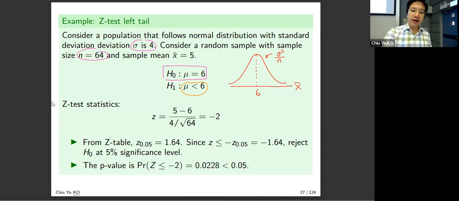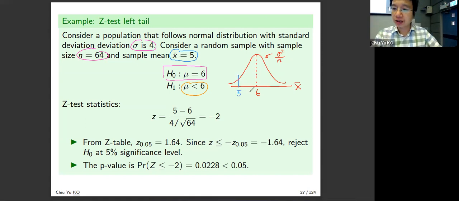The data we have tell us that x bar is 5. I want to remind you that if x bar is 7 or 8 or 9 or 10, then you can go home, we're done, because there's no way it's less than 6. It's more than 6, so don't reject. You don't need to do anything. But now the question is 5. 5 is here.